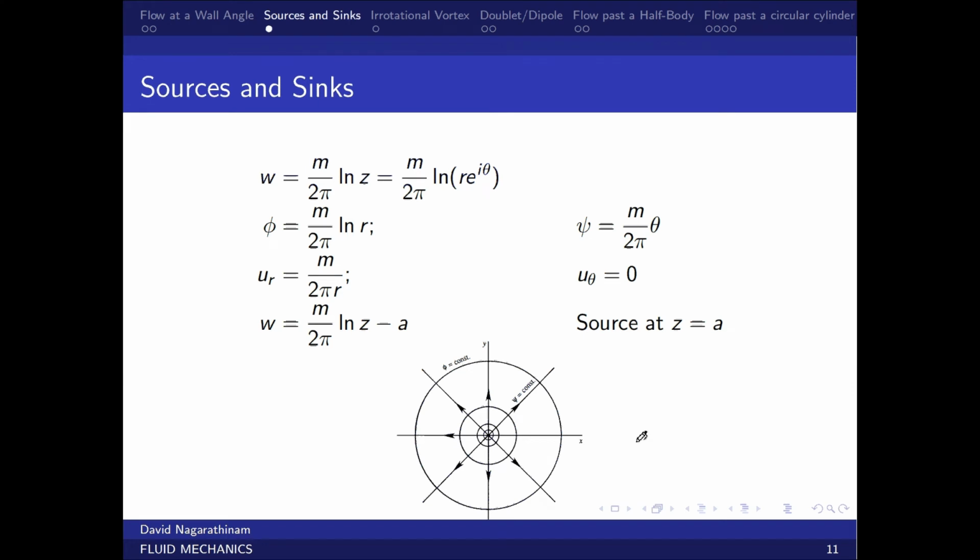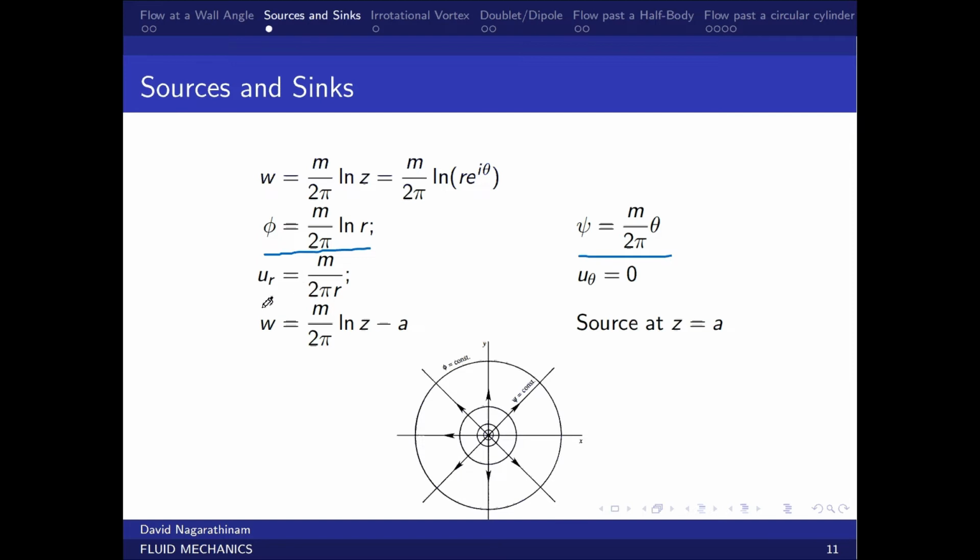Now let's consider the potential flow, namely the source and the sink. In such a scenario, the complex potential is represented by m over 2 pi natural logarithm of z. Under such a scenario, the potential function is represented by m by 2 pi logarithm of r, and the stream function is represented by m by 2 pi theta.